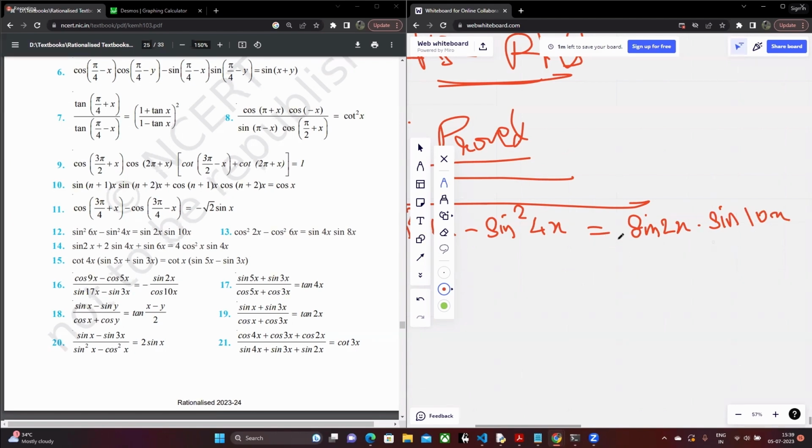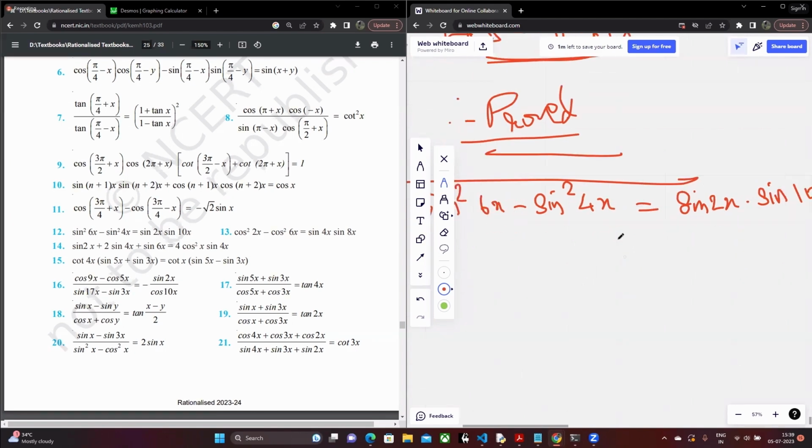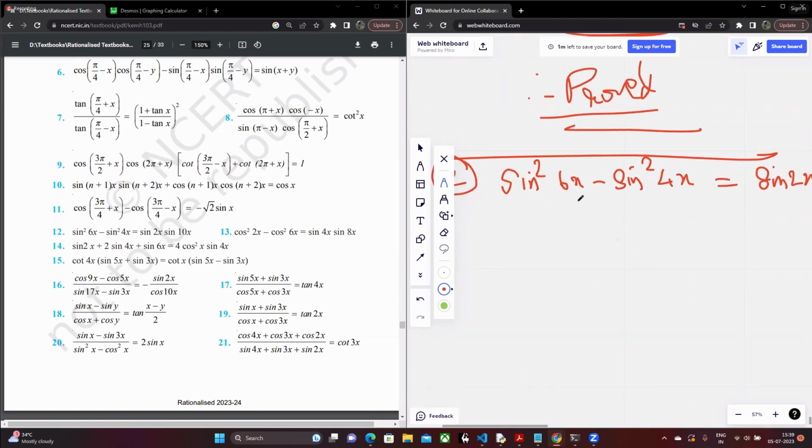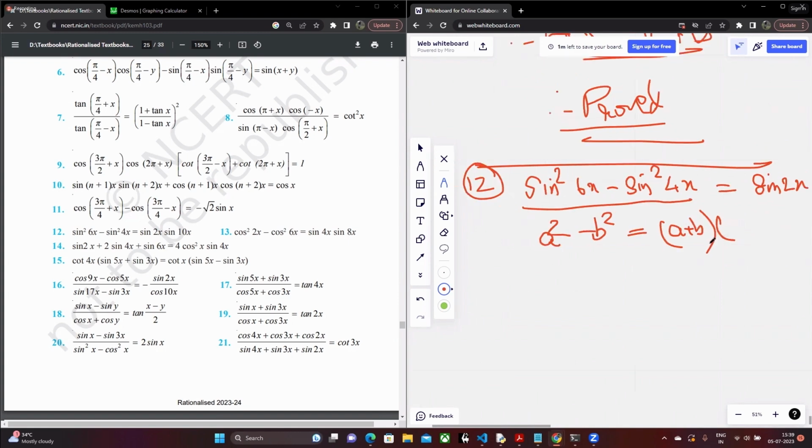Notice that this is in the form of a square minus b square, which is equal to a plus b times a minus b.